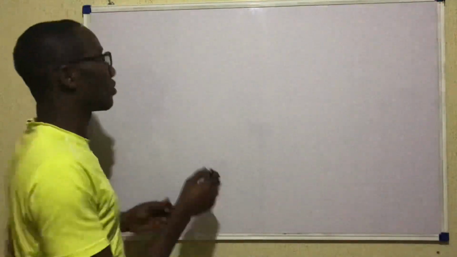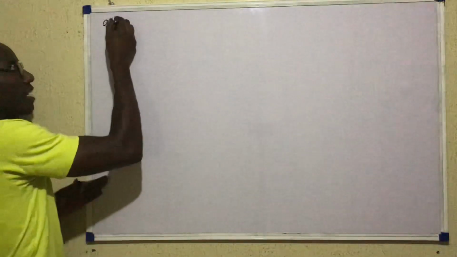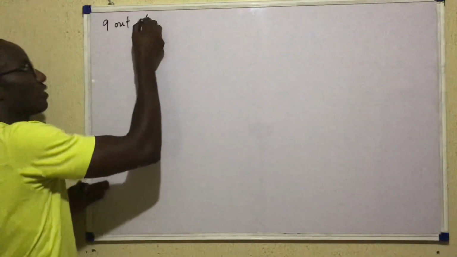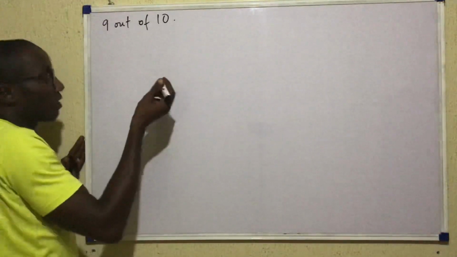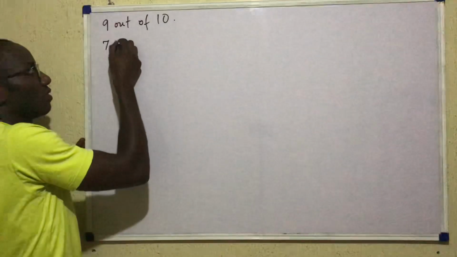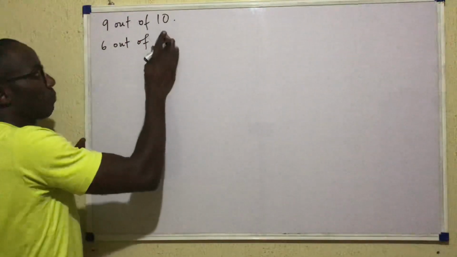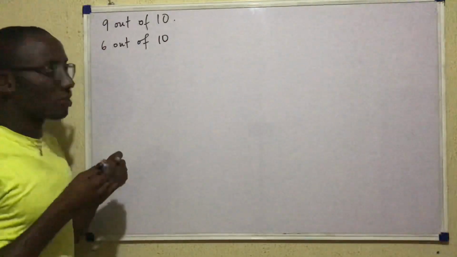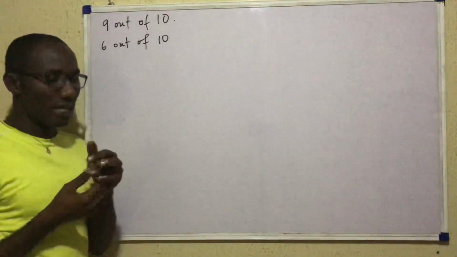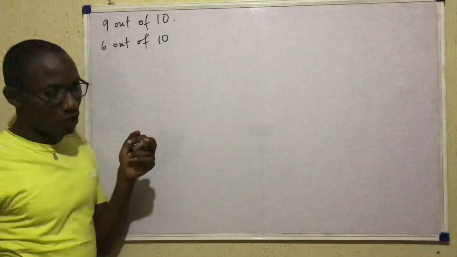So in the end, if you are not able to hit your target, at least you go very high, close to it. So some persons may target to score something like 9 out of 10. That's your target now. But after the exam, you may score 6 out of 10. So in that case, 9 out of 10 is your expectation.